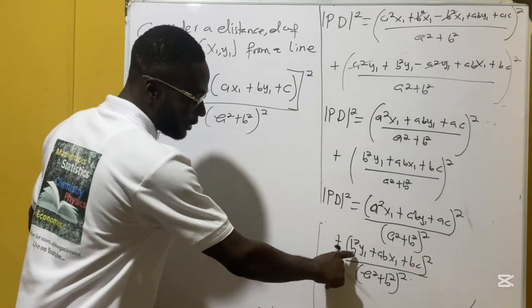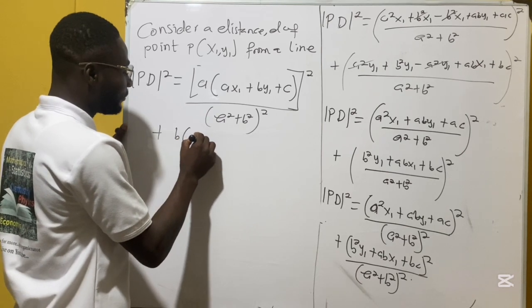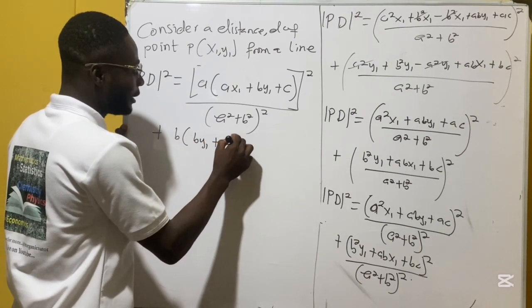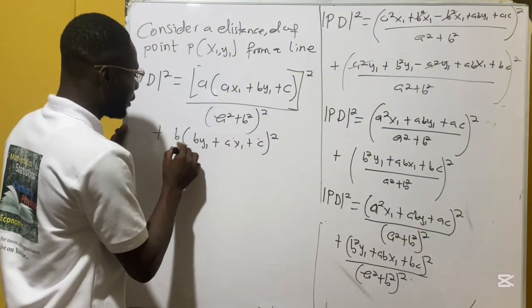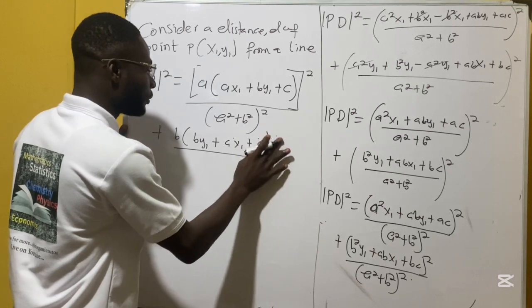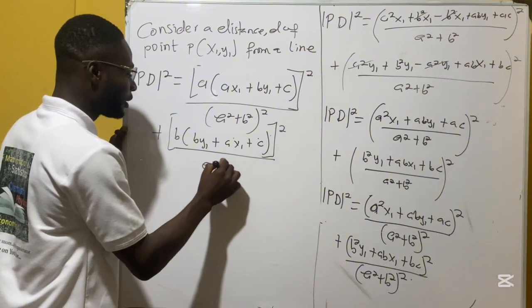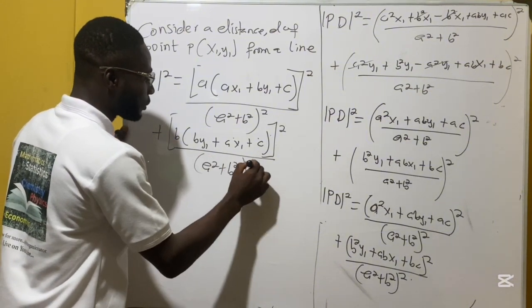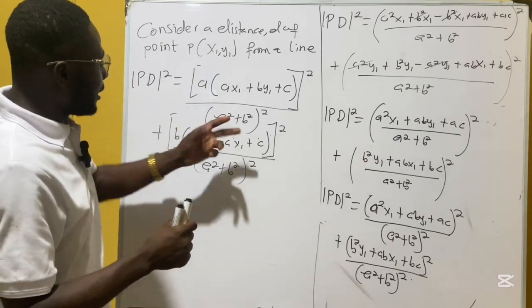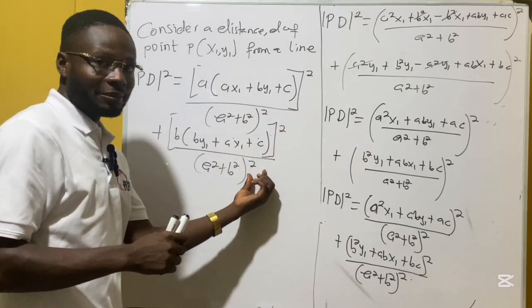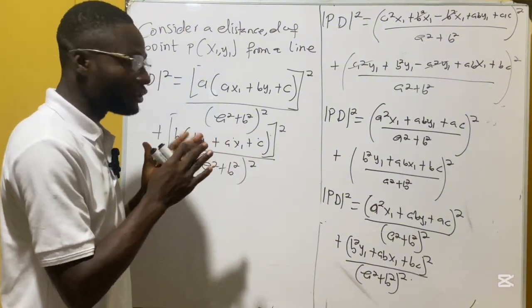Plus, we do the same thing here. You can see that B is common to all the three terms, so we factor B out. Then we have B y1 plus A x1 plus C, all squared, right? All over A squared plus B squared, all squared, right? So now what we can see is that this term here and this term here have the same denominator, so we combine the numerator and choose one denominator, right?